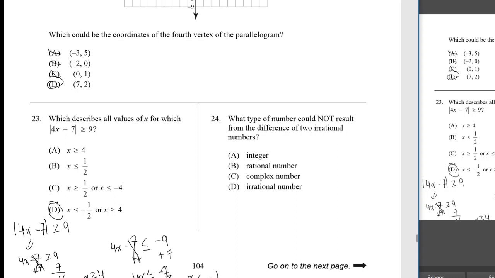All right, which of the following could not result from the difference of two irrational numbers? Okay, this one, even if you don't know the answer, you can go through process of elimination. Suppose you don't know all of the terms, but you know what an irrational number is, you know what an integer is. The only term that people would sometimes get a little lost on is a complex number.